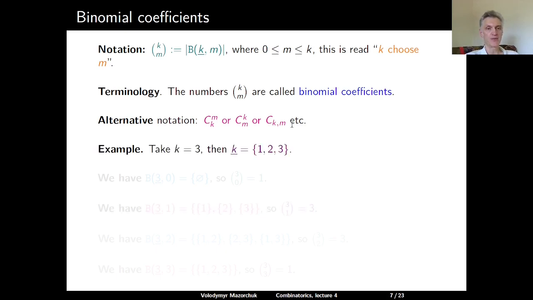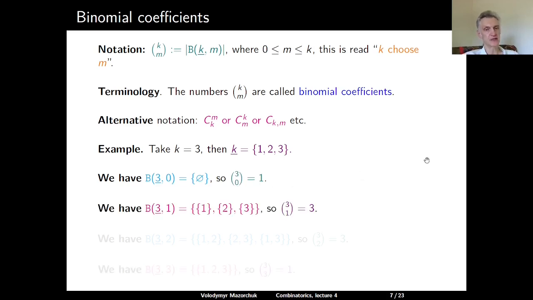So for example, if we take k to be equal to 3, then k underlined is 1 to 3. There is a unique subset of 1 to 3 of cardinality 0, and that's the empty set. So 3 choose 0 is equal to 1. There are 3 singleton subsets of 1 to 3. So these are {1}, {2}, and {3}.